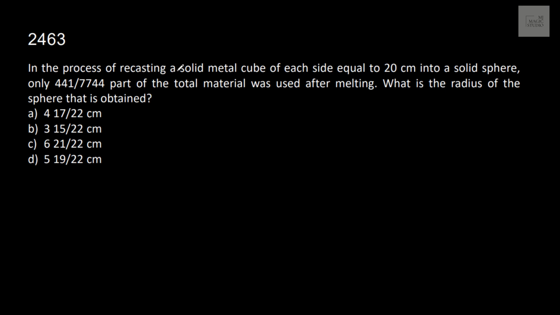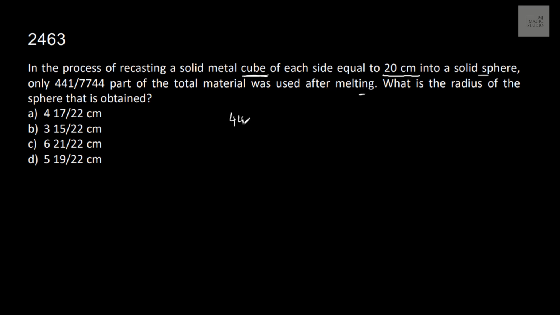In the process of recasting a solid metal cube of each side equal to 20 centimeters into a solid sphere, only 441 by 7744 part of the total material was used after melting.